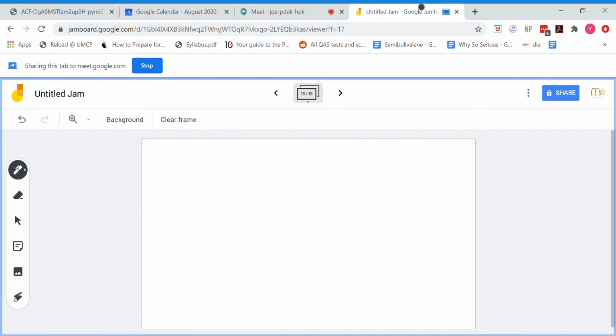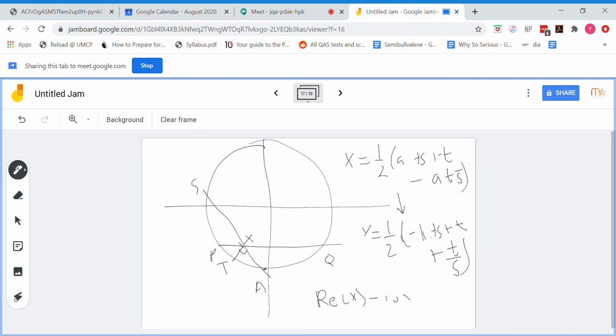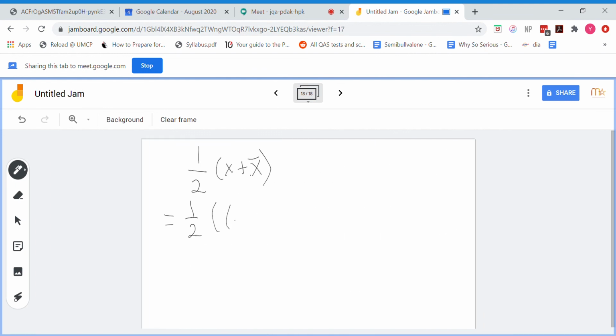And so the real part of X is equal to half times X plus X conjugate. So if we plug in the formula we found for X, we get half times, the formula was, let's see, -1 plus S plus T over S plus the conjugate of this, which is equal to, right, the conjugate of -1 is just -1.